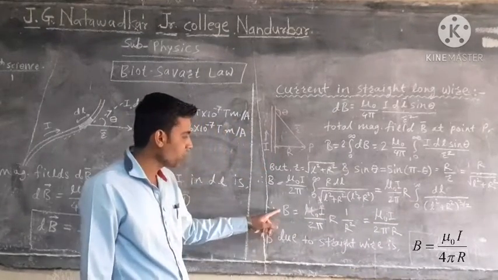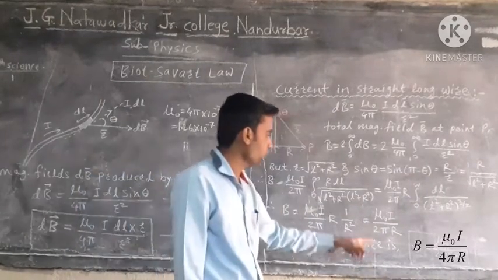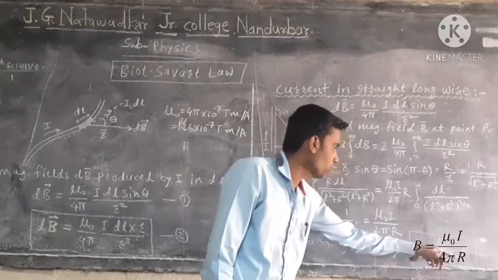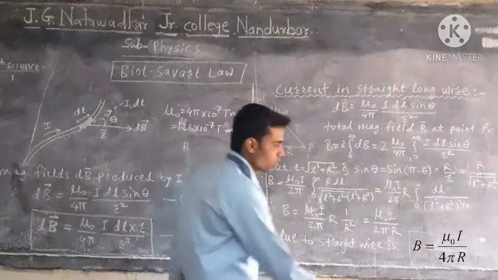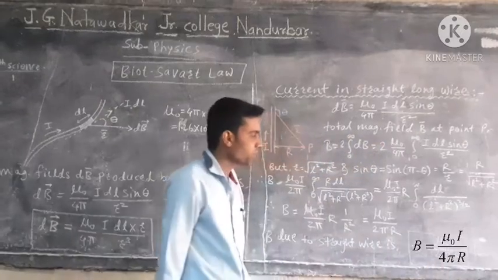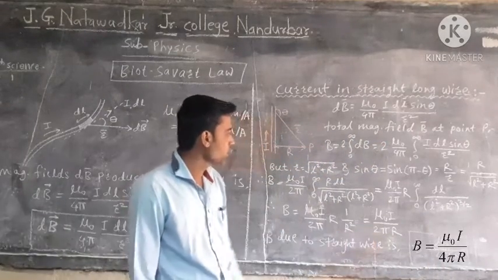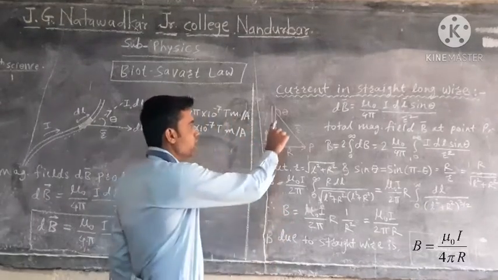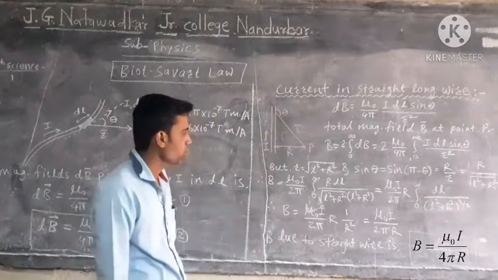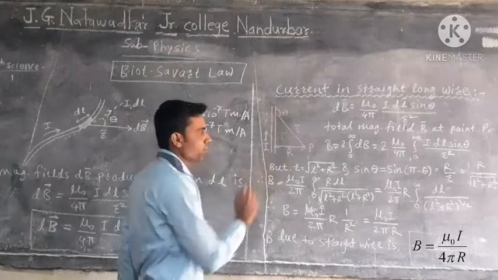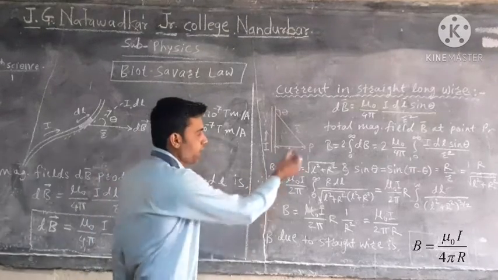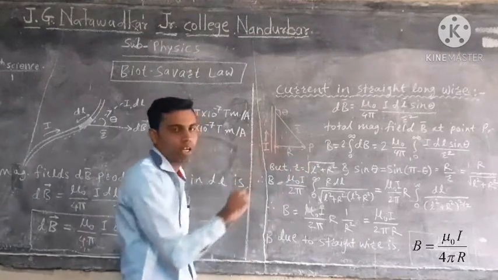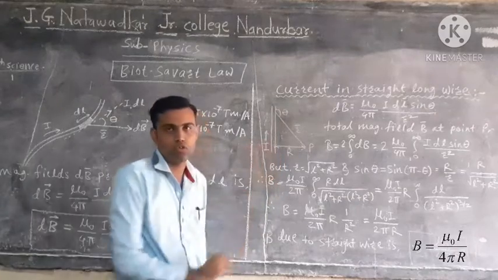Now the magnetic field due to a straight wire can be written as mu 0 I upon 4 pi R. Here the 4 is changed because the value of magnetic field we have calculated is for only the upper half of the wire. Okay, if we have to calculate the value of magnetic field as a whole at point P, that's why we have to consider the upper half of the wire as well as the lower half of the wire.